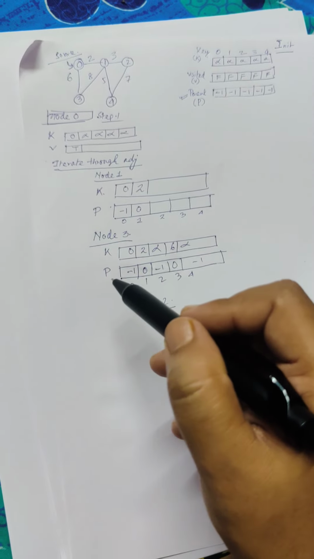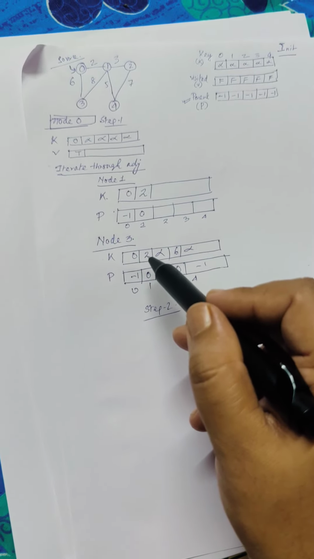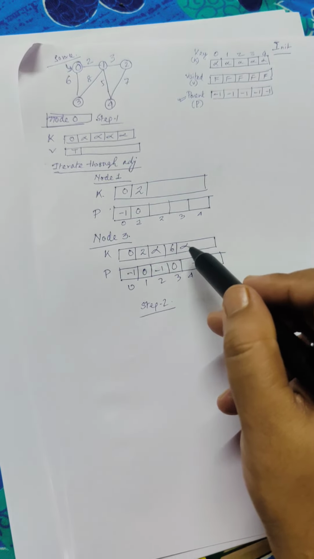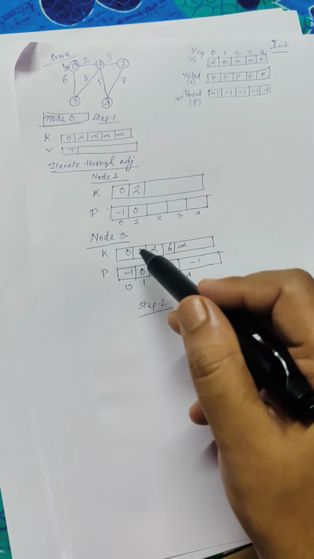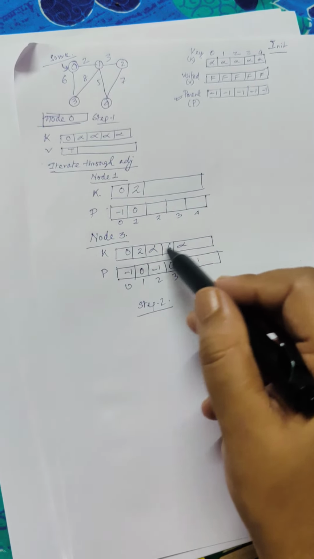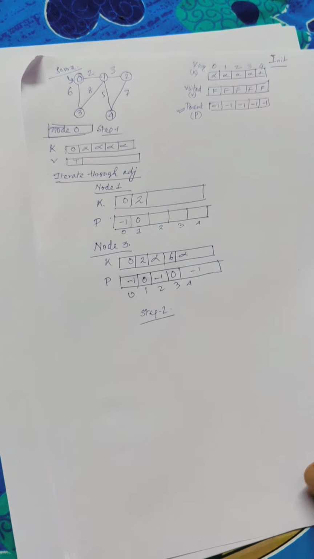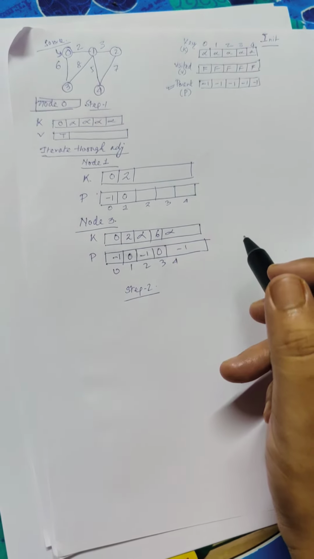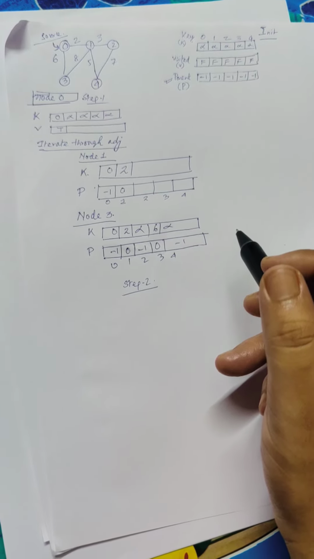Why is 2 having the smallest value? Because in this case 0, infinity, 6 and infinity, we have already taken 0. So 2 is what is left among the rest. So the next node will actually be node number 2.